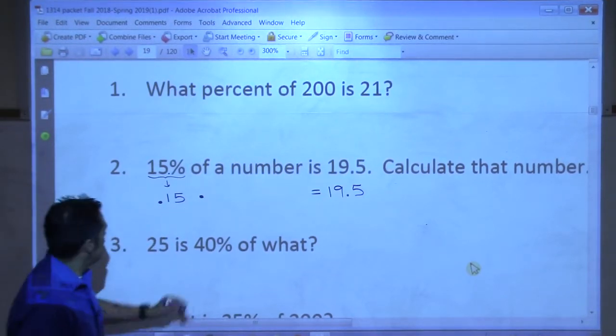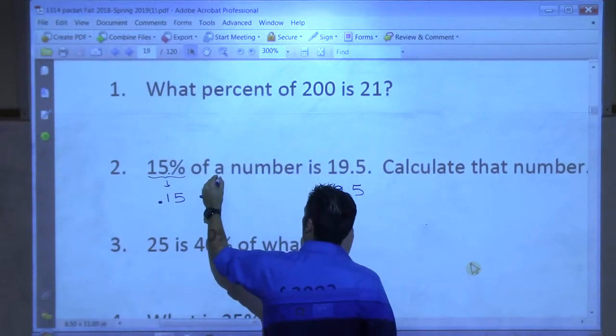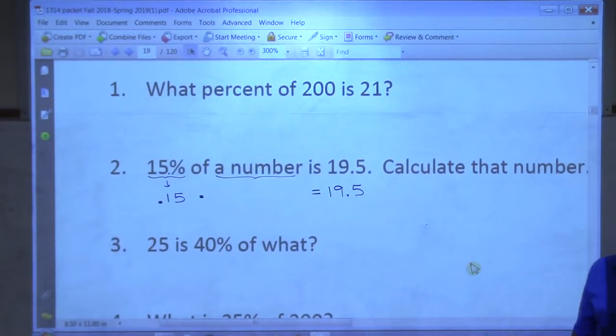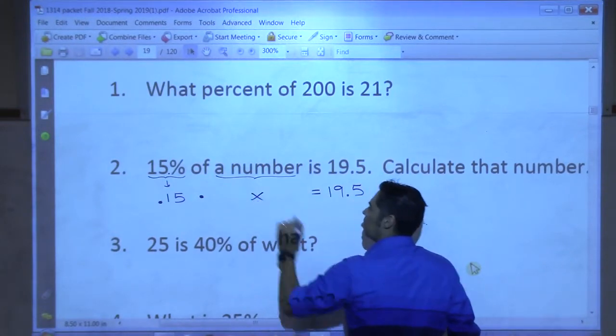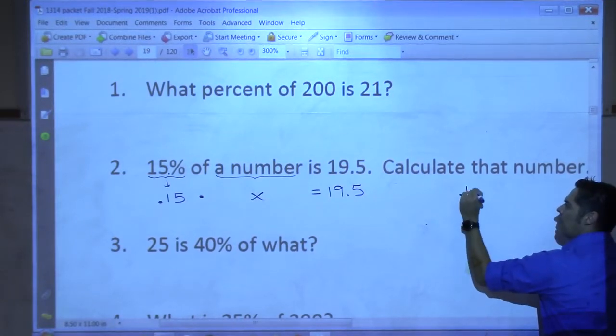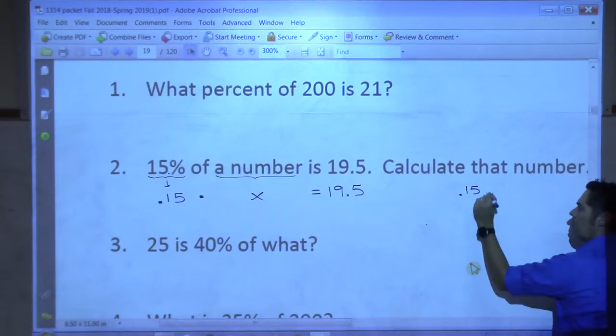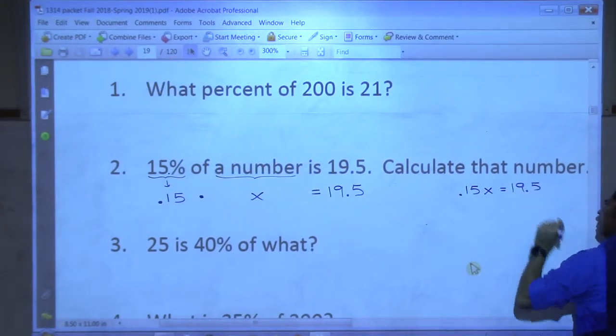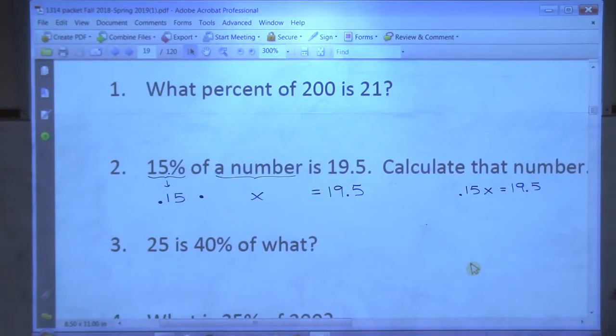Last thing, Robert, I'm going to keep you on this. How about this? A number. X, right? We don't know what that is, so this is just X. Good job. So now, end of the day, we have 0.15 times X equals 19.5. And Thomas?